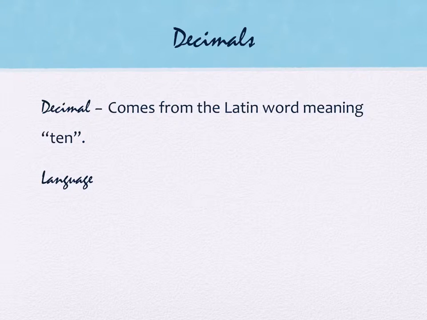All right, to start with, decimal. The word decimal comes from the Latin word meaning 10. That DEC at the beginning, you see it used in other places as well. Can anyone think of where you have seen DEC used, where you know it means 10 when it's a prefix? Deca stuff, right? Decagon, decahedron, decade.